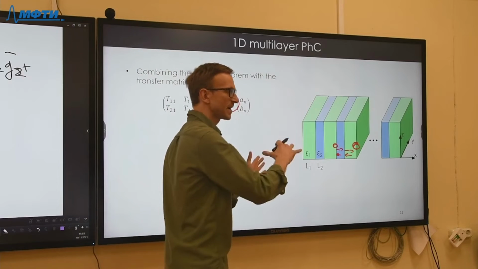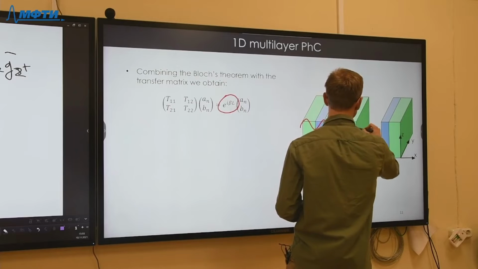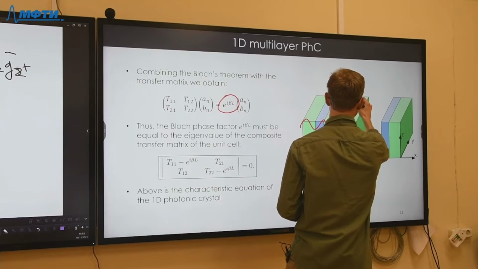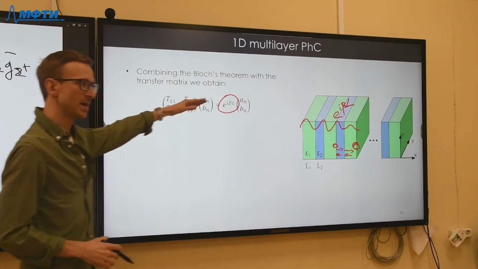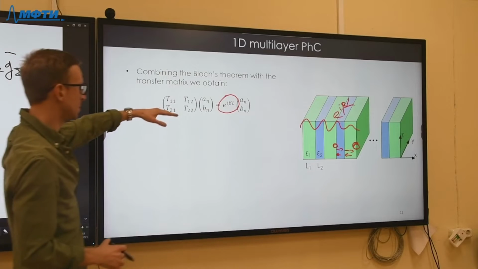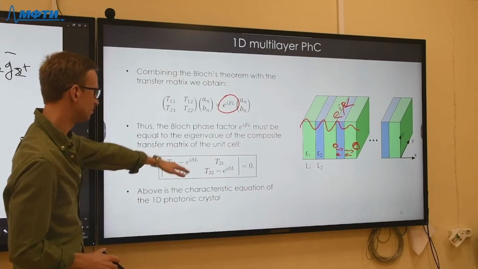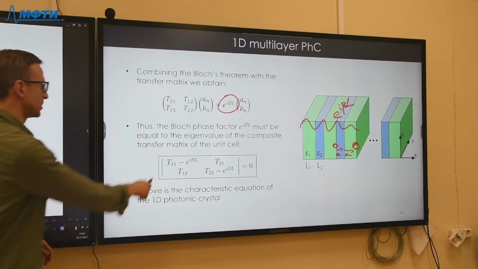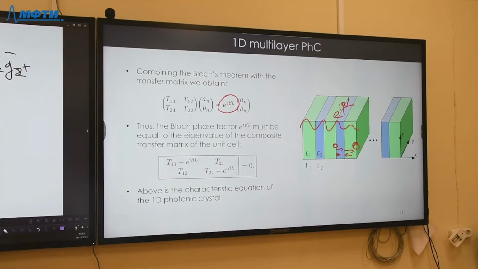But on the other hand, another perspective of looking at photonic crystals is this Bloch state, which has this thing. And we need to equate the two. So this is essentially an eigenvalue problem for the transfer matrix. And the solution to that problem is the following: the determinant of this matrix is 0. So this is the characteristic equation of a one-dimensional multi-layer periodic photonic crystal.